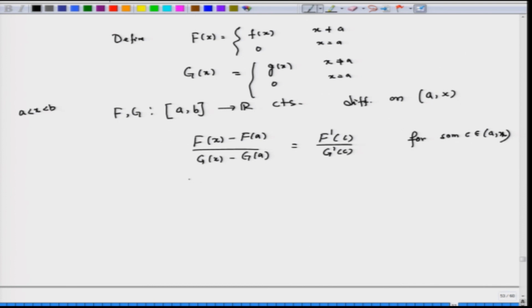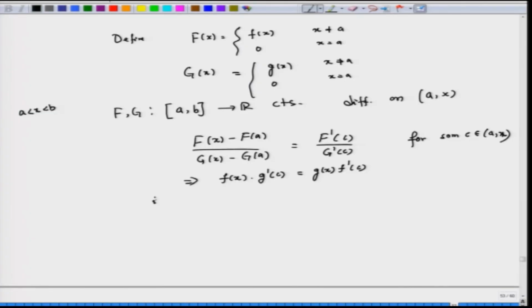Okay. So, this will imply that, since F of a is 0, F of x times g prime of c is equal to G of x into f prime of c. Now, g prime of c is not equal to 0; actually it is given to us that g prime is never 0 on the deleted neighborhood.